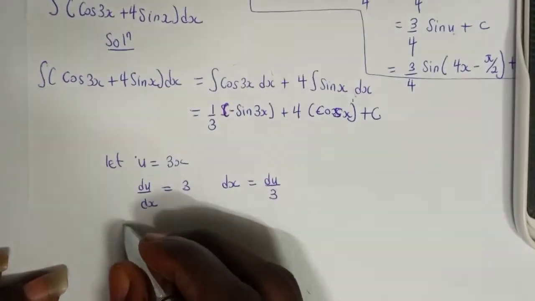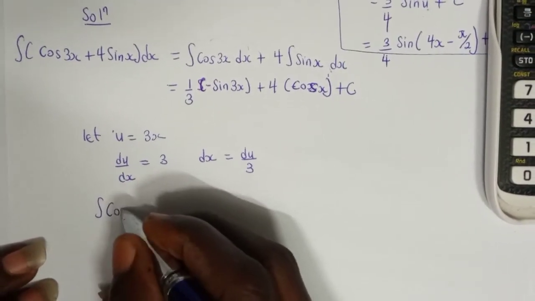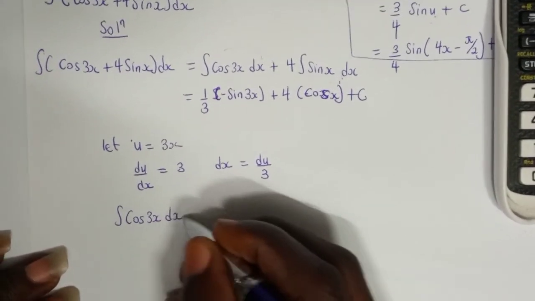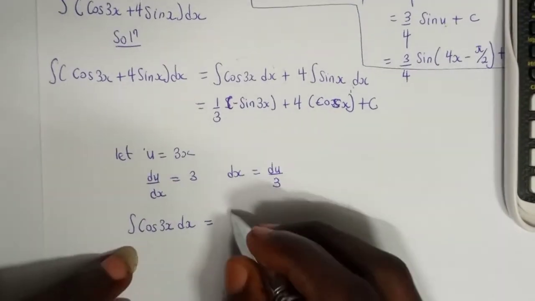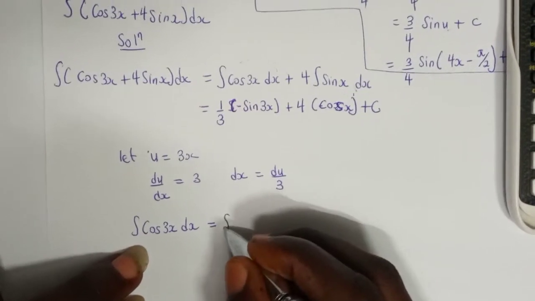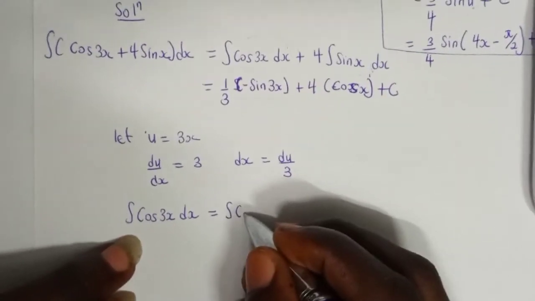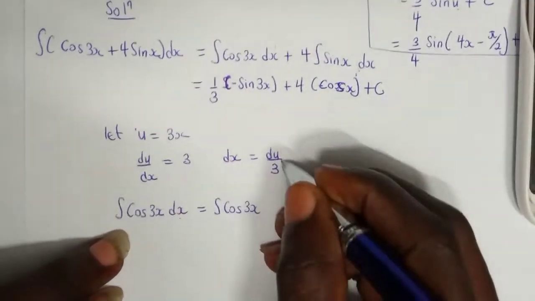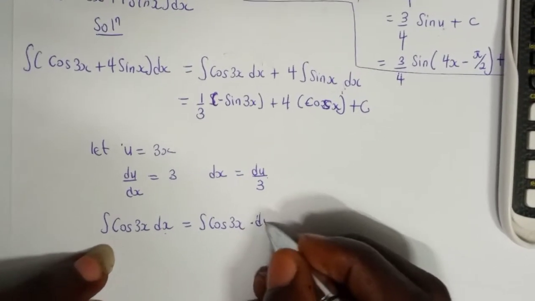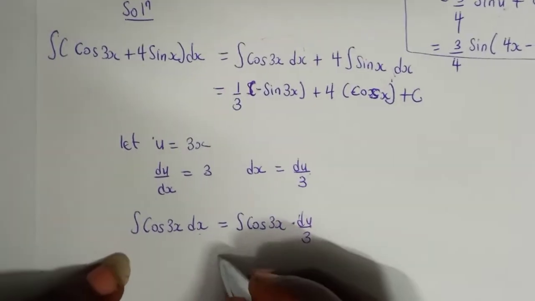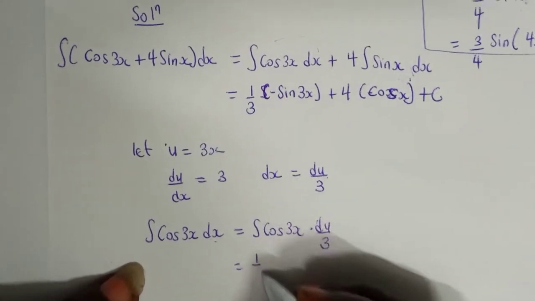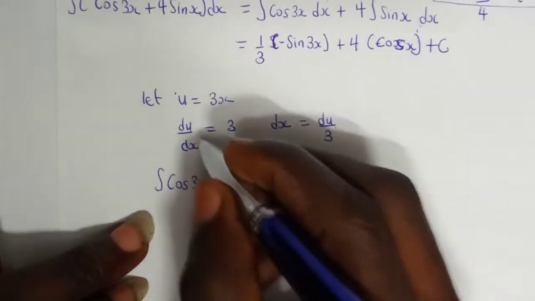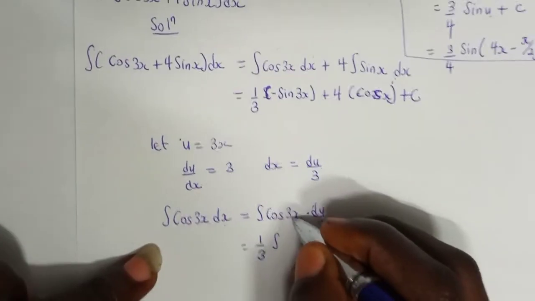So this implies integral of cos 3x dx is equal to integral of cos 3x, in place of dx, we have du over 3, which is equal to 1 out of 3 integral of, we represent 3x by u.